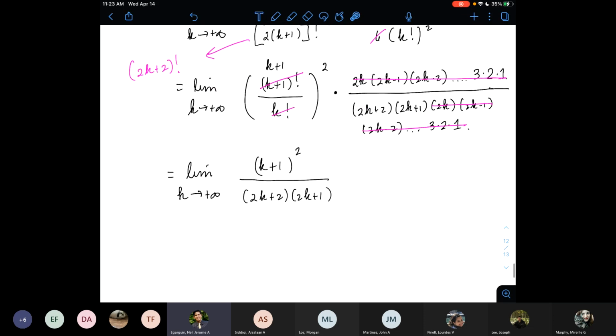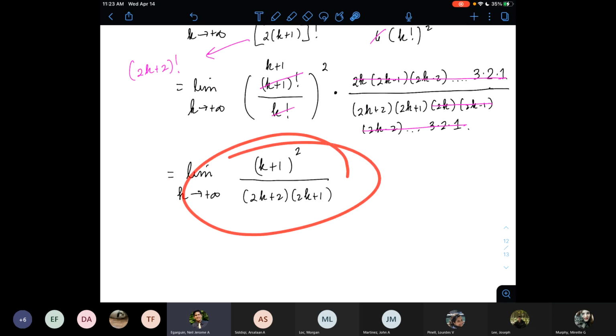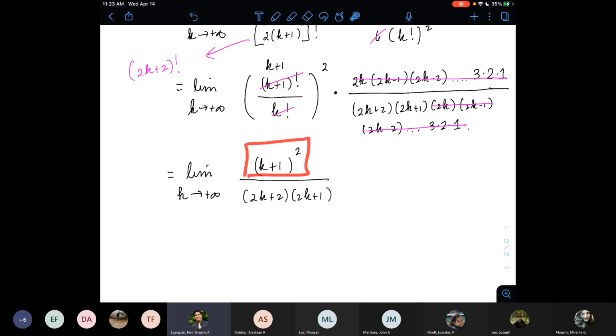And then what do we have now? We have the limit of a polynomial over a polynomial. Here, the highest power is k squared. In the denominator, what would be the highest power? We'll also have a k squared, but what's the coefficient of k squared? When you expand it, 1/4. Exactly, because the denominator will have a leading coefficient for k squared.